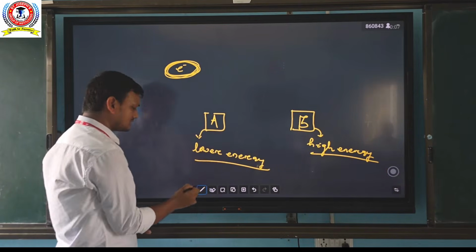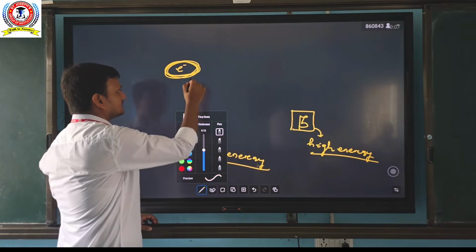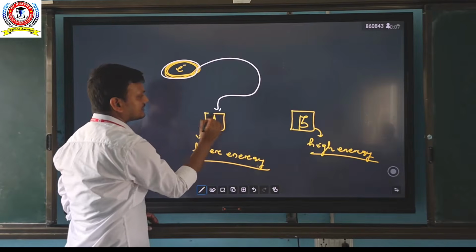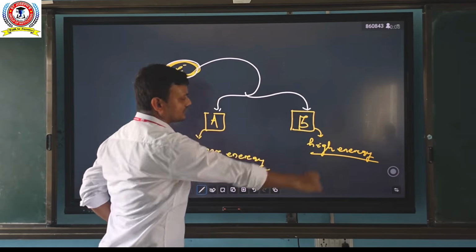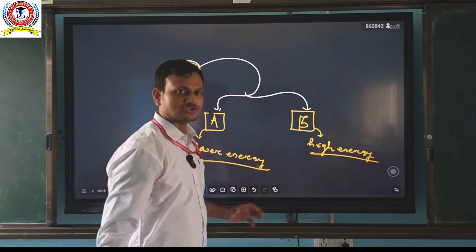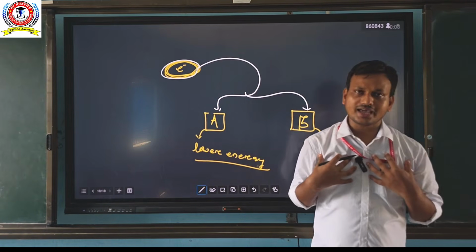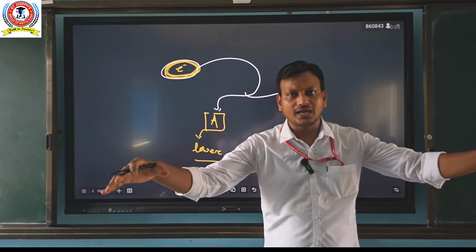My question is, this electron prefers which place, either A or B? Students, suppose an electron comes and has two places to stay.